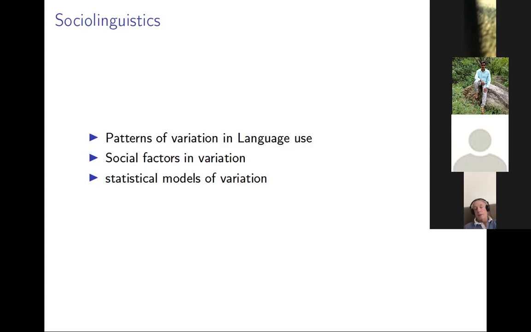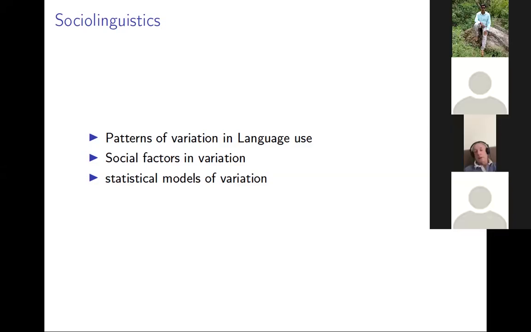But the idea is that the movie shows that there is variation with respect to social factors. There is a Cockney variety, which was considered the low prestige variety, and then there is RP, which is considered the high prestige variety.